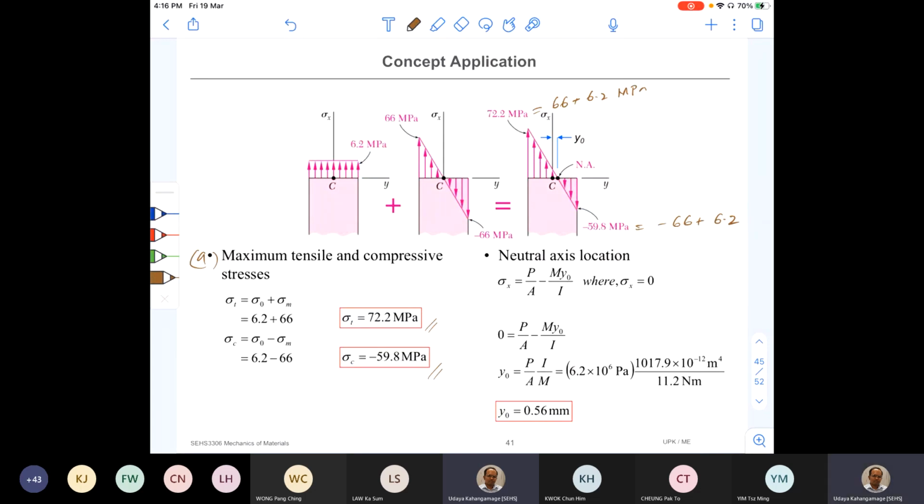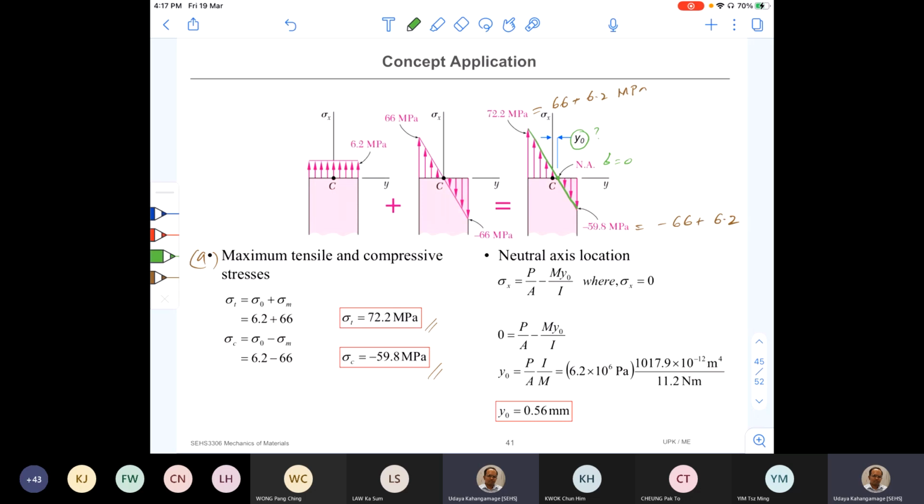Once you construct your final distribution of stress, you can see that it is a line like this, right? And the neutral axis is going to be where the stress sigma is equal to 0. Okay, but our centroid is the geometric center, right? It is still at the center of the circle. So now the neutral axis is about y0 away from the centroid. So we need to find this distance.